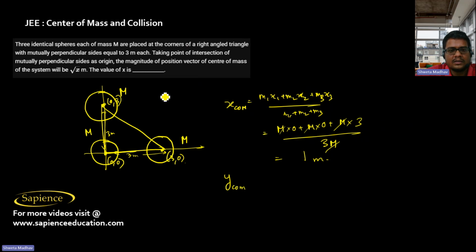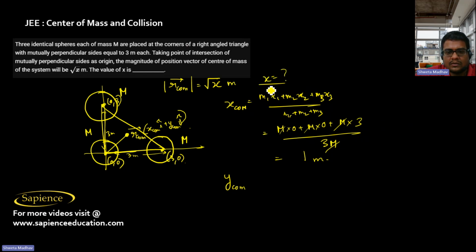The position vector of the center of mass, that is R COM vector, is X COM i cap plus Y COM j cap. We have to find the magnitude of the position vector of the center of mass of the system, and if that is equal to root x meters, then we have to find the value of x.